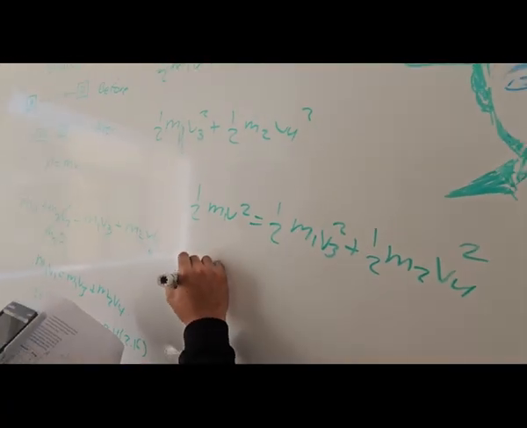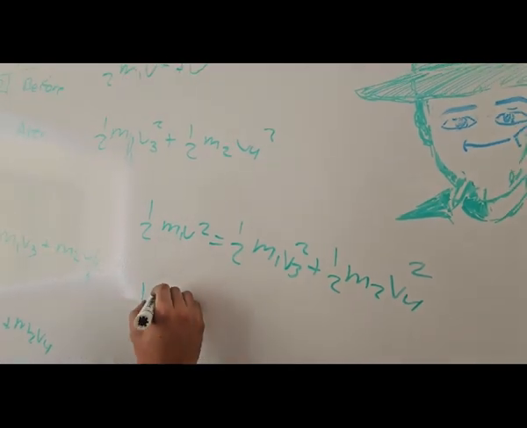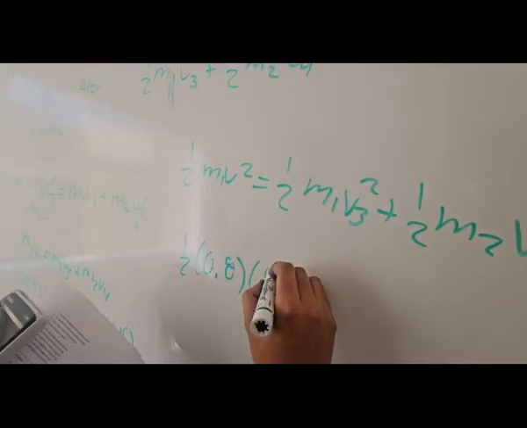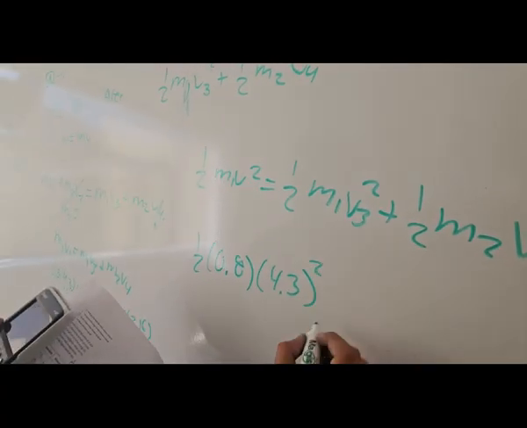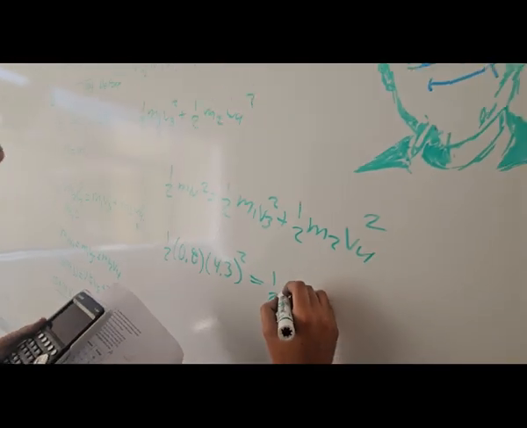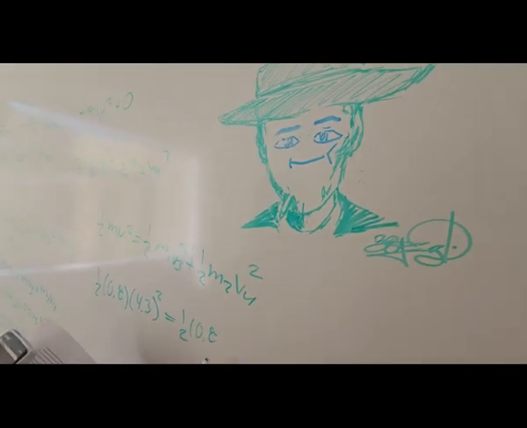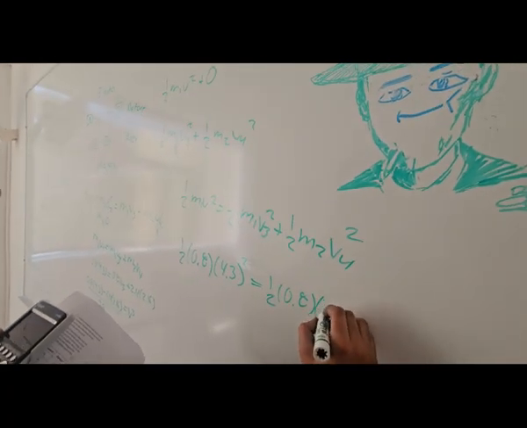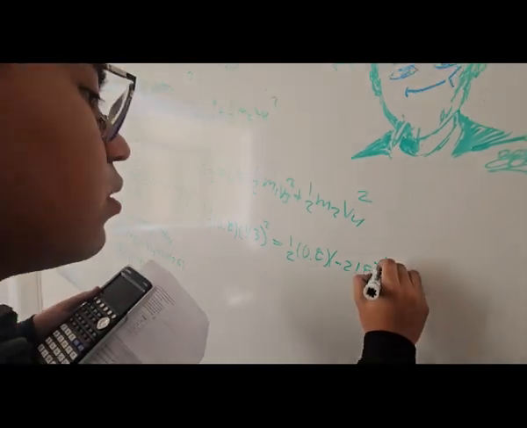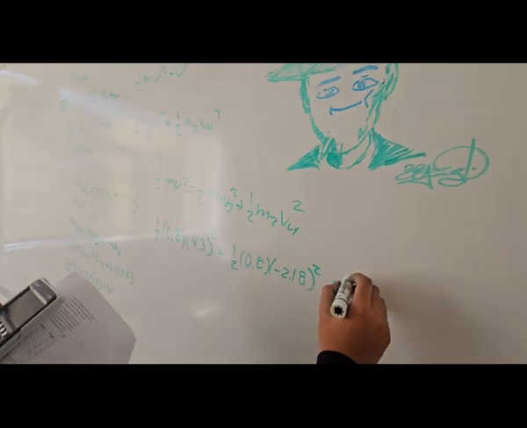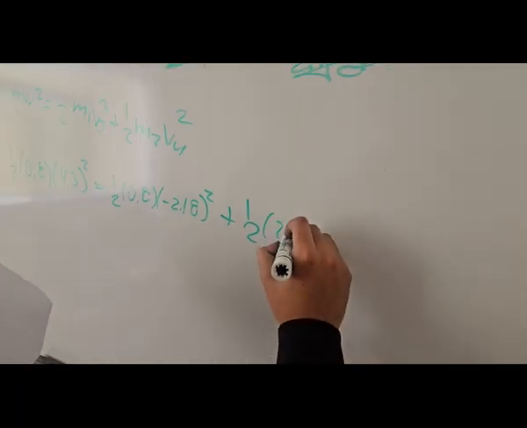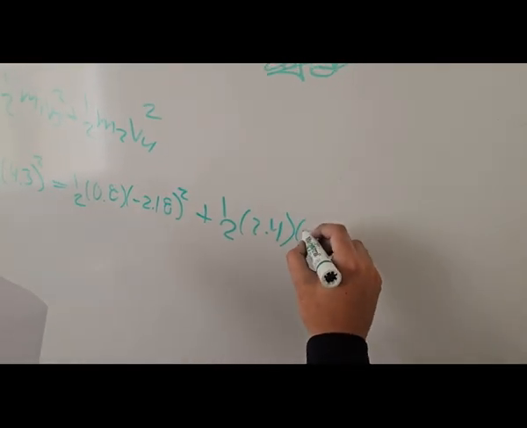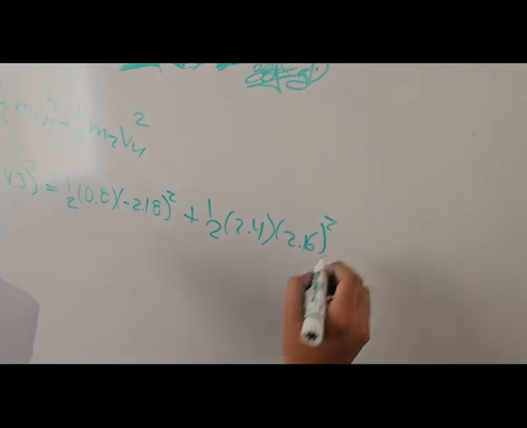So after a quick substitution, we have 1/2 of 0.8 times 4.3 squared is equal to 1/2 of 0.8 times our previous velocity that we got here squared plus 1/2 of 0.4 times 2.16 squared.